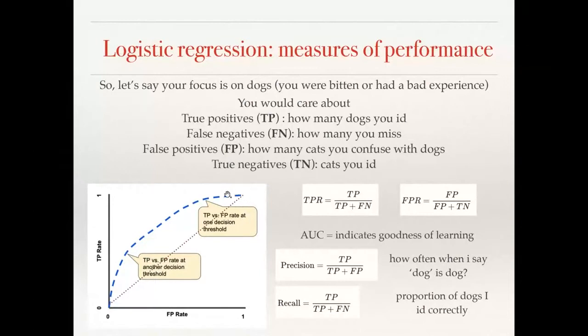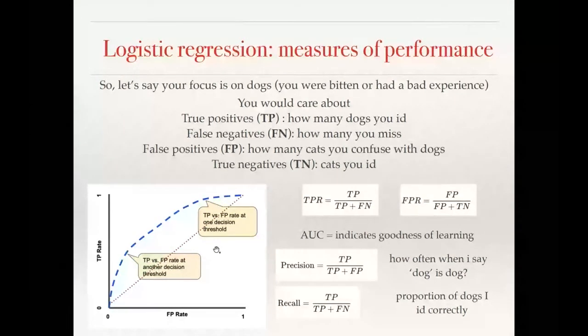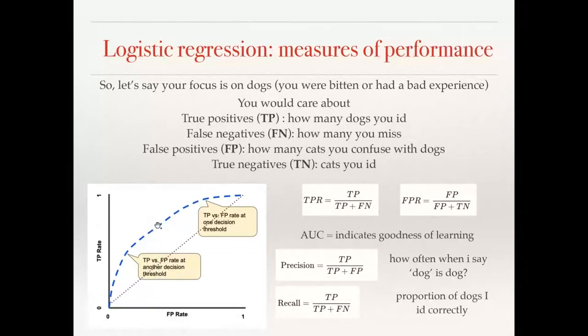If you are over here, you are identifying absolutely all the dogs you see, but you are also making lots of mistakes, getting nervous and jumping because you see cats. Where would you like to be? Usually where you want to be is somewhere over here where you identify a large amount of dogs and you don't get scared all the time with false positives. So you don't get overexcited because you see a cat too often.